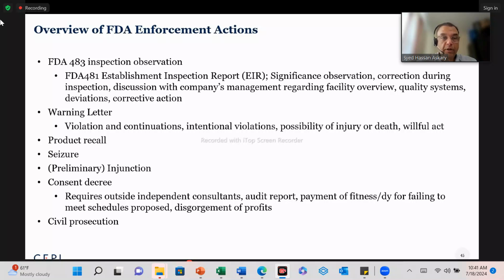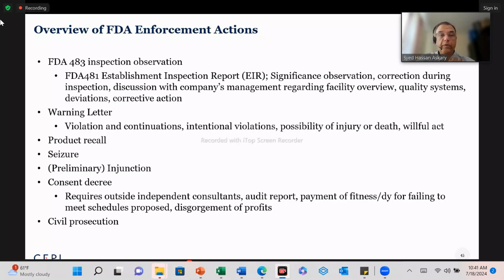They also give warning letters for violations, continuation, sometimes also due to the possibility of injury or death or a willful act causing a public health concern, a severe public health issue.